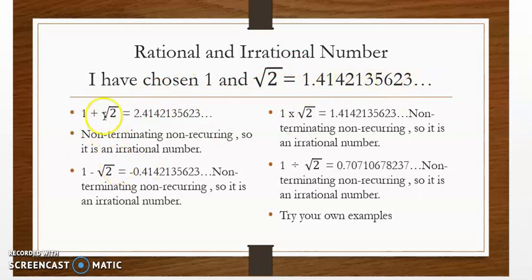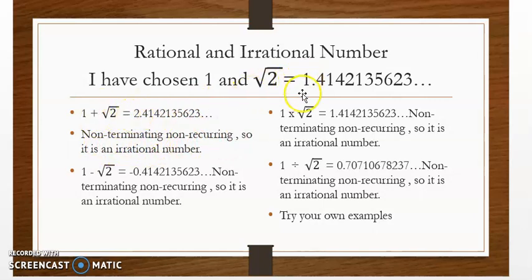Okay, when I add, the part before the decimal point, I am adding, so it will become 2.4142. This is a non-terminating, non-recurring number, so it is an irrational number.